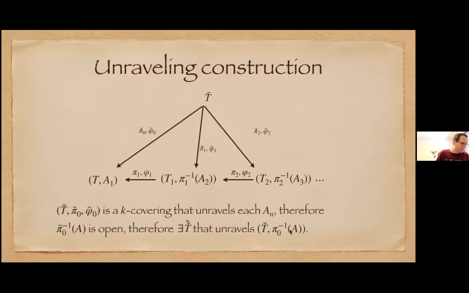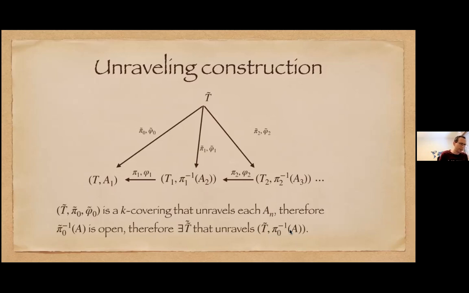And this is how we do it. So in the bottom line here in the diagram, I wrote the games. So in the first game on the left, the bottom corner of the diagram, is T, A1.